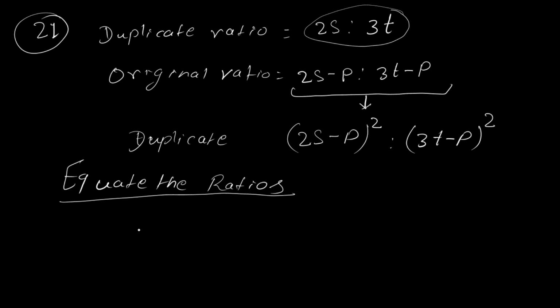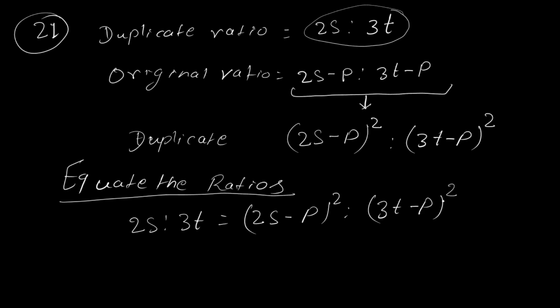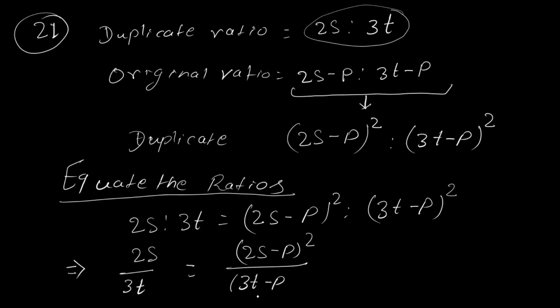How you will equate? You have given 2s is to 3t is the duplicate of 2s minus p whole square to 3t minus p whole square. Am I right? Right. So 2s divided by 3t equal to 2s minus p whole square divided by 3t minus p whole square. Okay.